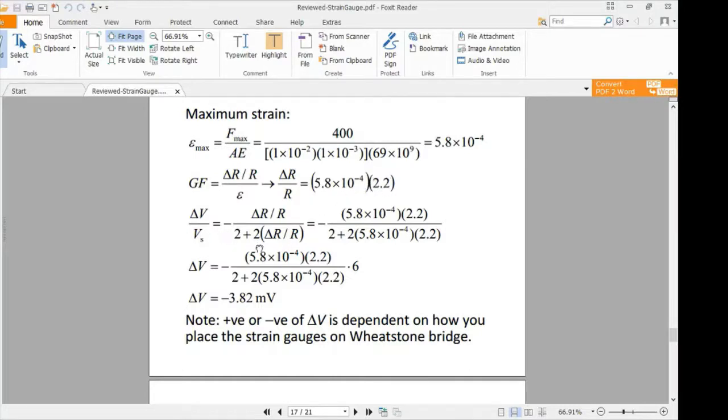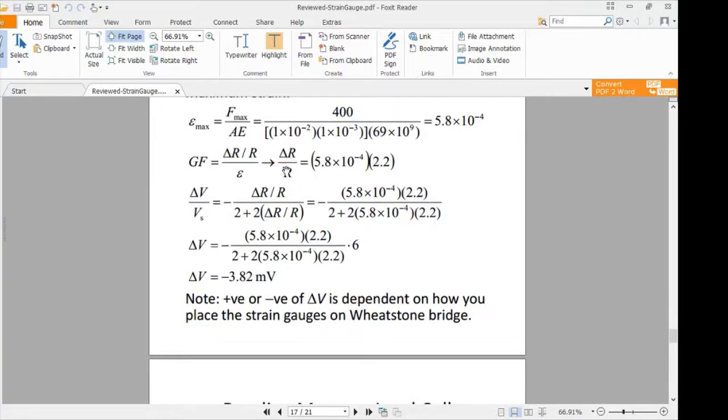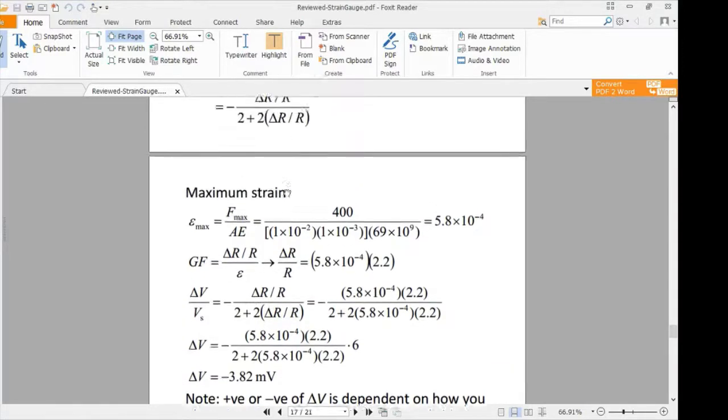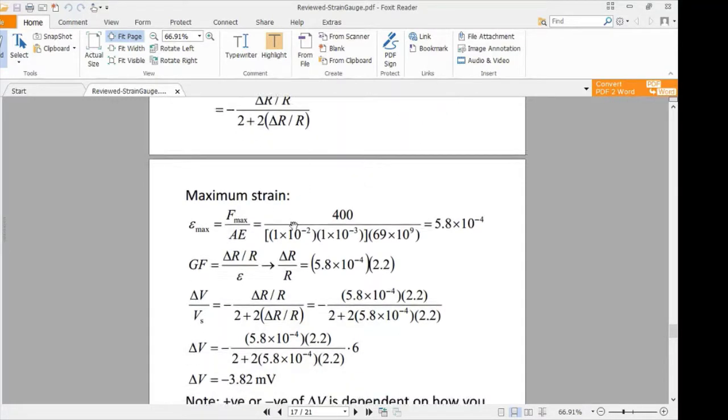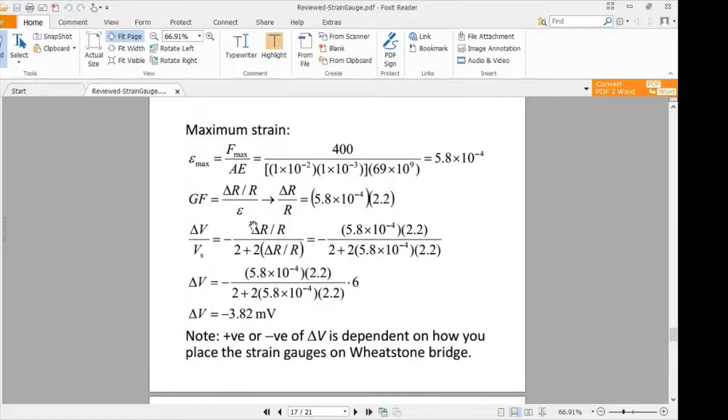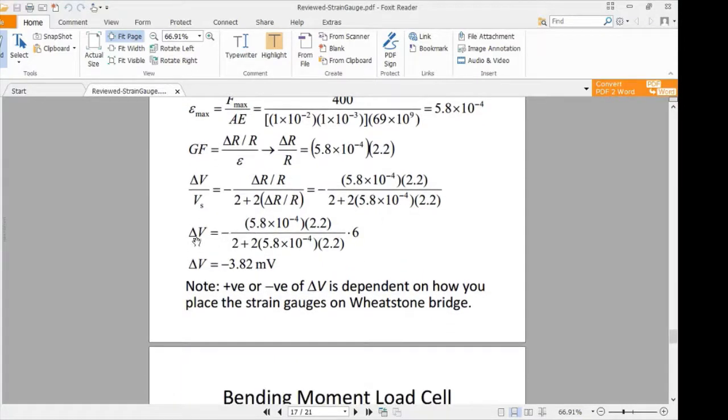Once we know delta R divided by R, we can substitute this ratio into the previous equation derived from the Wheatstone bridge equations. So delta R divided by R is equal to 5.8 times 10 to the power of -4 multiplied by 2.2. Then we substitute delta R divided by R into the 2 plus 2 multiplied by delta R divided by R term, and we can calculate the offset voltage.